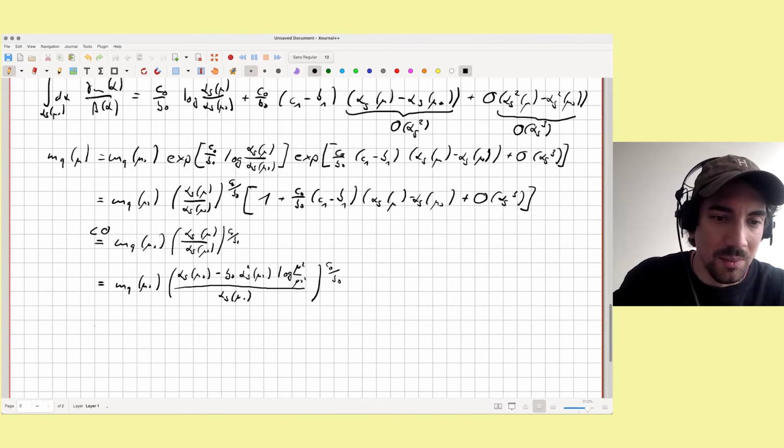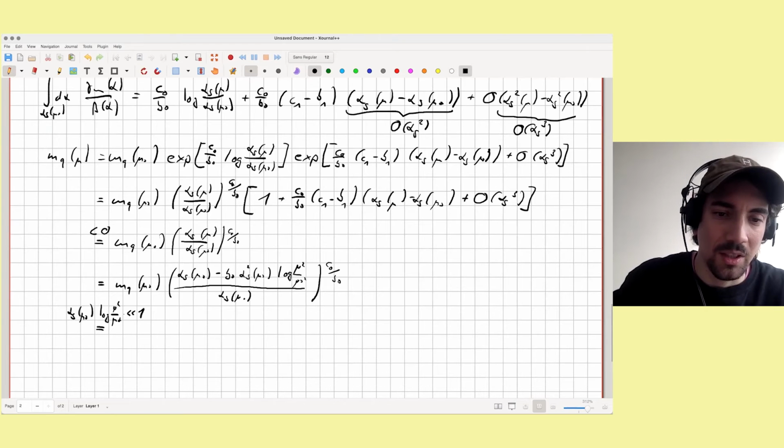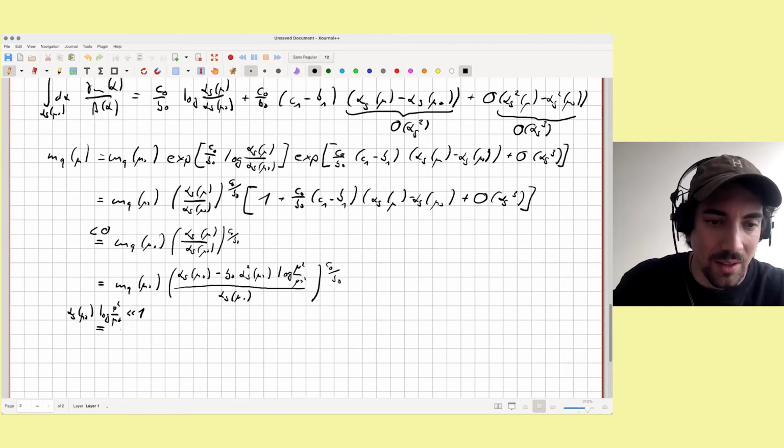And if I then use that, so the next step then only works for the following condition, that alpha s of mu naught times this log we have there is small, because then we can expand this exponential here, and this gives us then the following result.